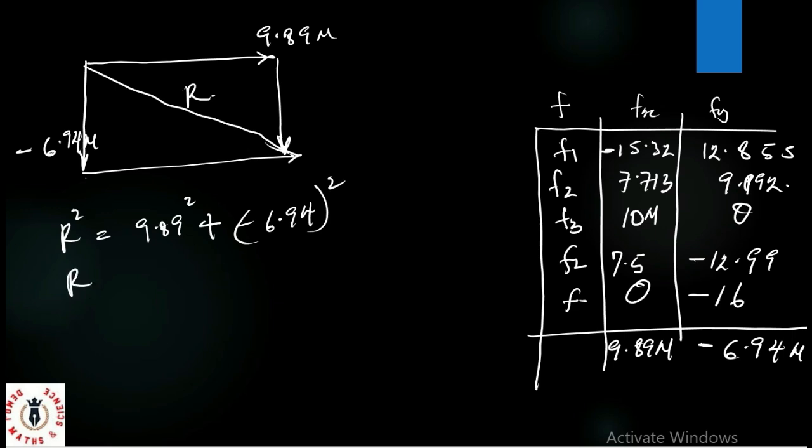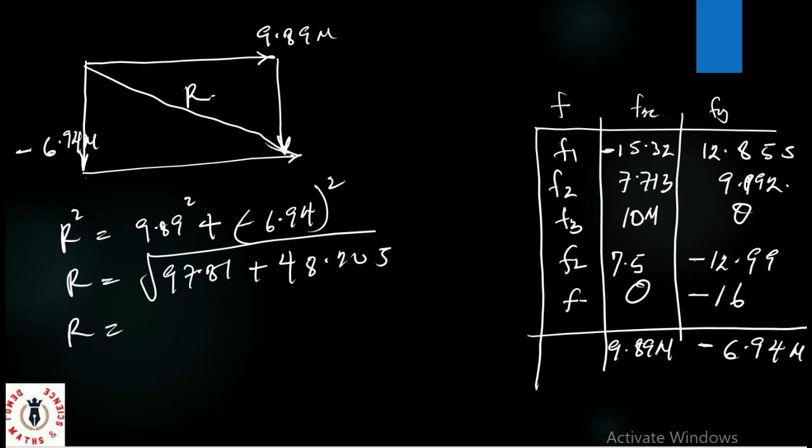So R becomes the square root of 97.81 plus 48.20. R now will be the square root of 146. So R eventually will be the same thing as 12.083 Newton.